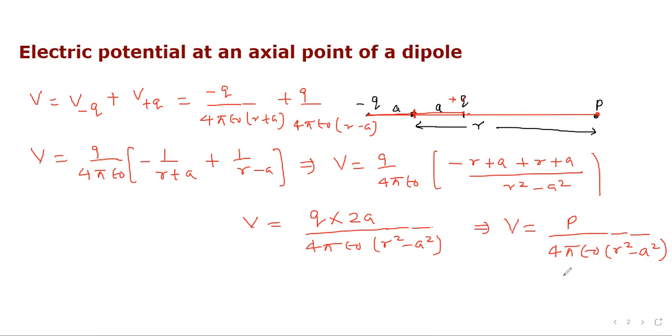If we use the approximation here that R square is greater than A square, in that case the expression of potential will become P divided by 4 pi epsilon naught R square. Clearly, potential due to a dipole is directly proportional to 1 upon R square, or inversely proportional to the square of distance.